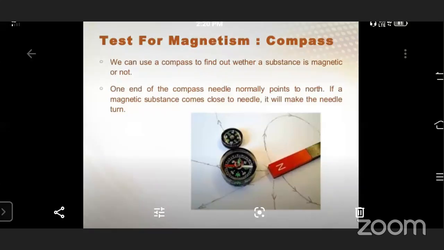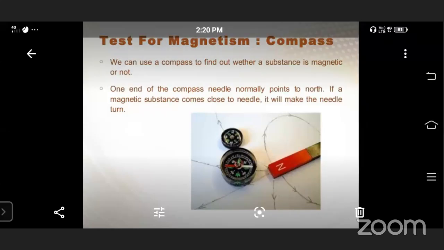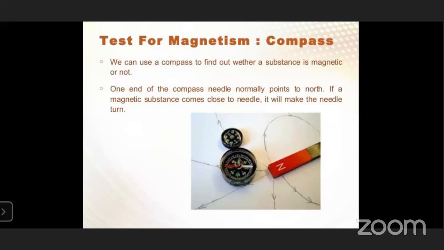What we observe here, I will explain. When we take the bar magnet and rotate it under the sheet, we will see iron filings attracted more to the north side and south side, only at the ends of the poles. In between, there won't be more attraction, so we will not find more iron filings there.